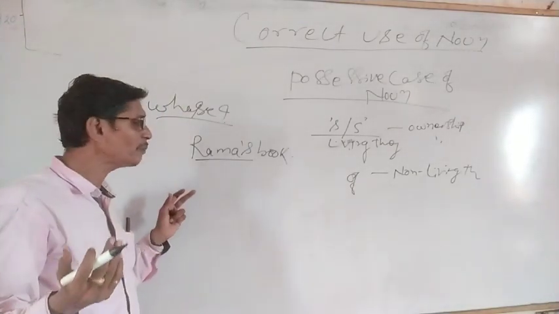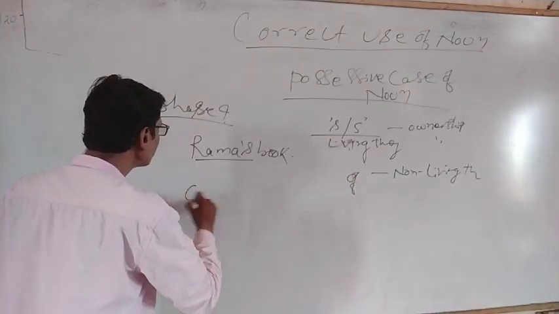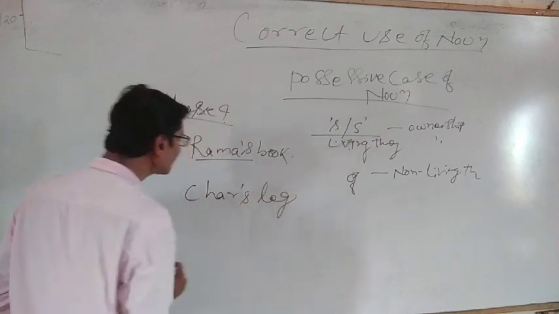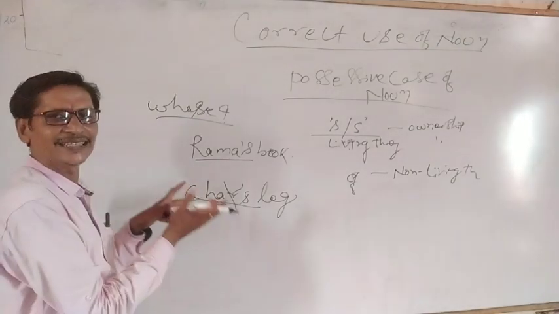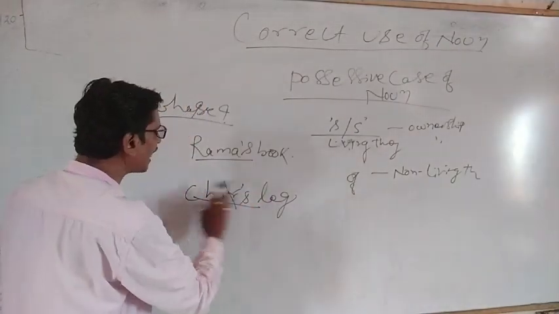But when we are talking about a non-living thing, as we discussed earlier, suppose chair's leg is completely incorrect because chair is a non-living thing. So we cannot write like this.